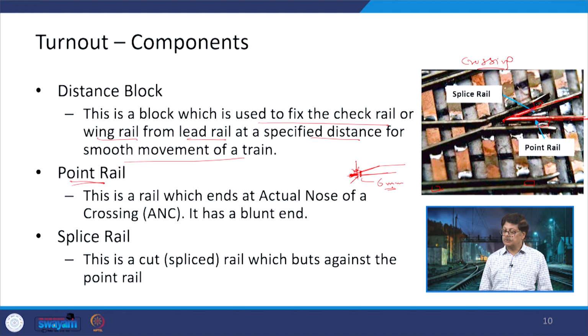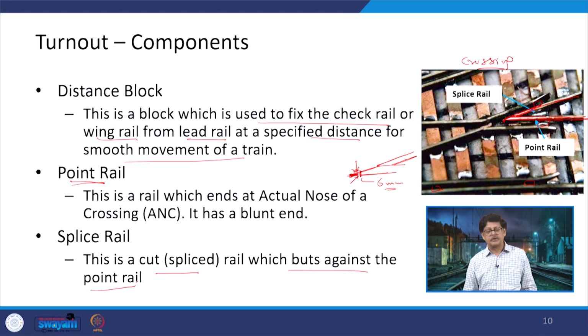So, with respect to this rail, the other rail which is going to be set here is the splice rail. Splice rail is a cut rail which butts against the point rail. Because this type of system is being provided, we are cutting it down.